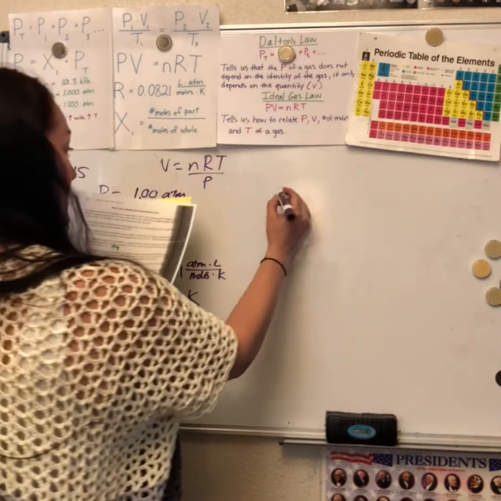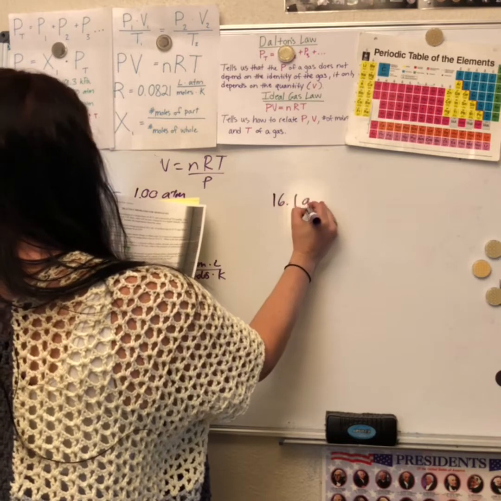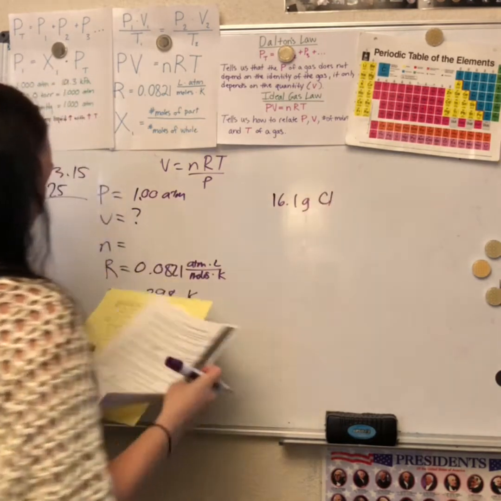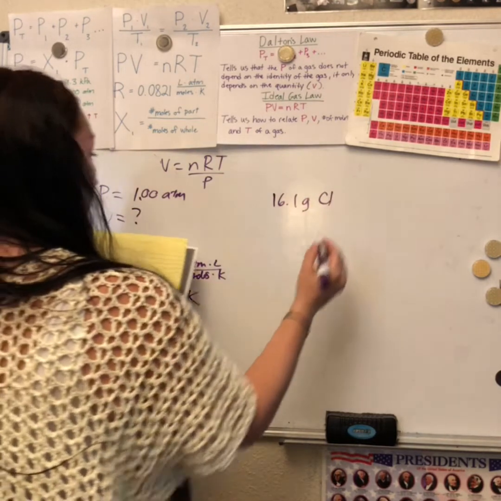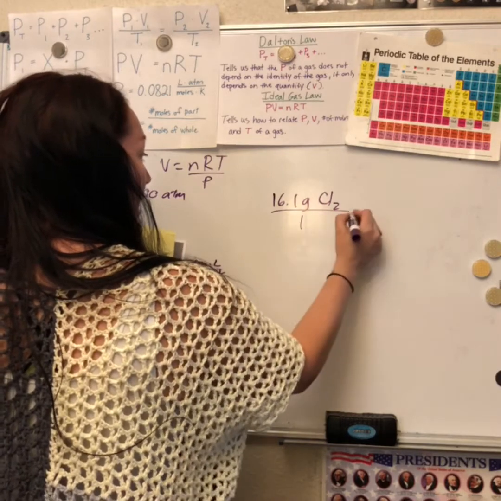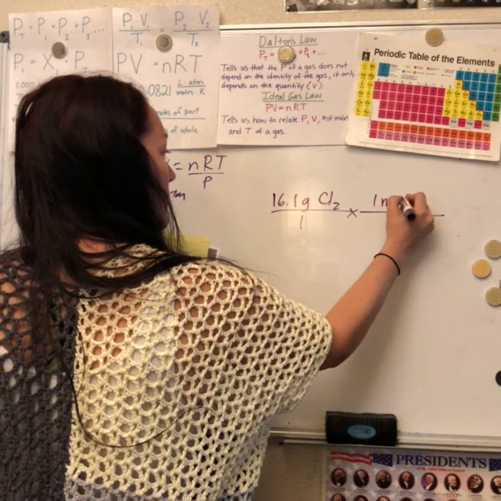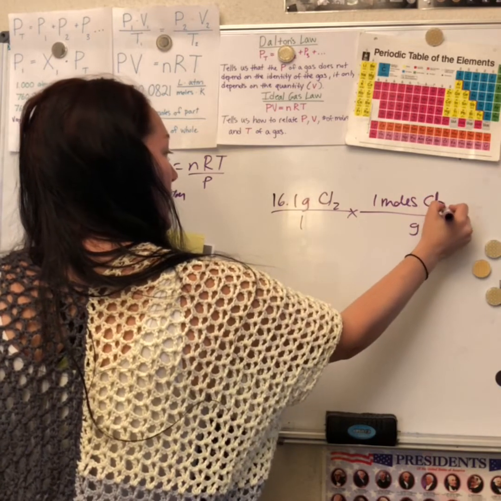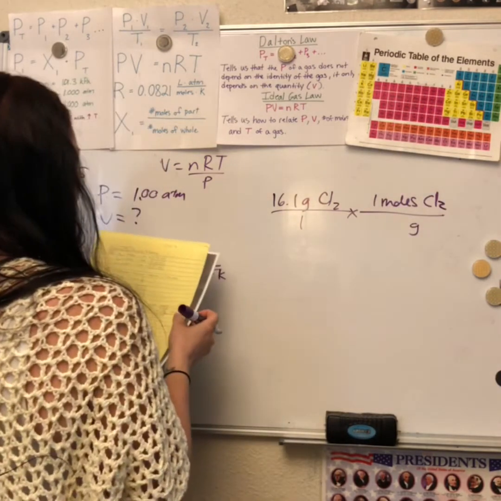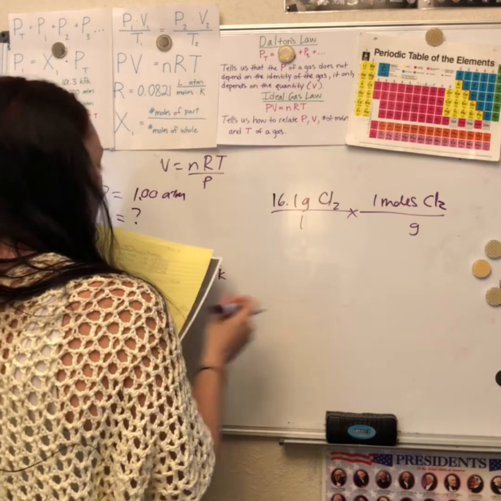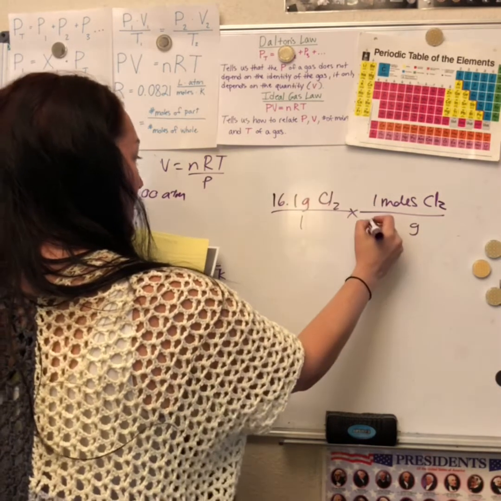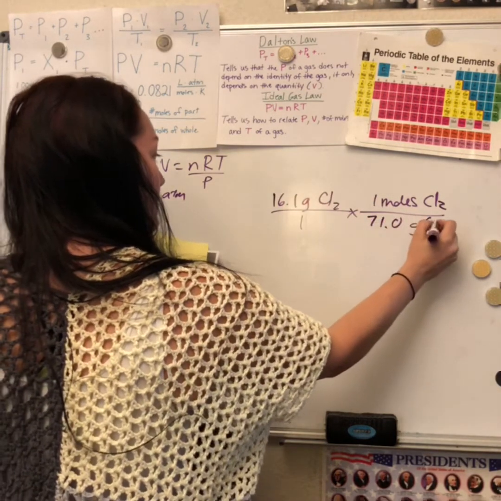So they said 16.1 grams of chlorine gas, okay? So that's going to be my springboard. I'm just going to go ahead and take my moles off here. Chlorine is 35.5, so I have 2 of them. That's going to be 71.0.